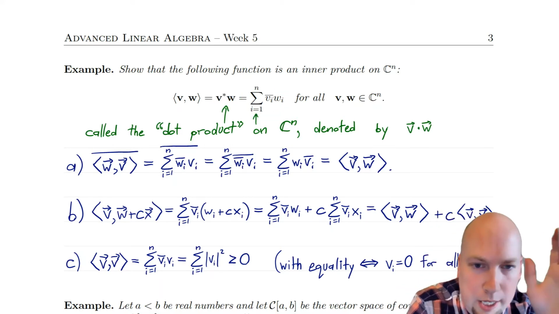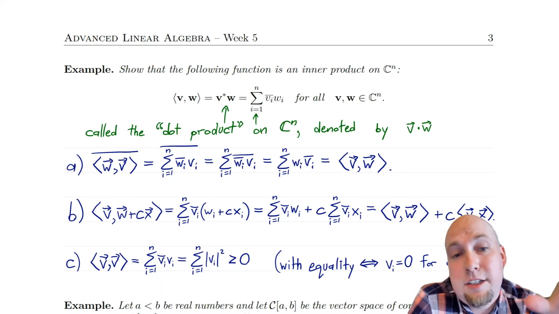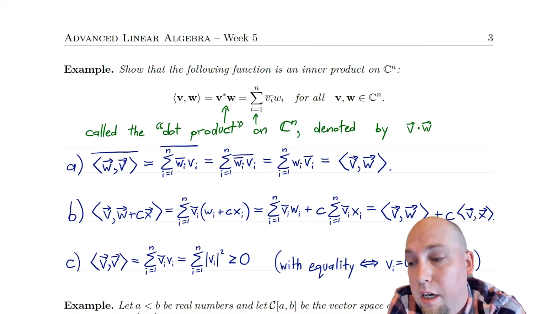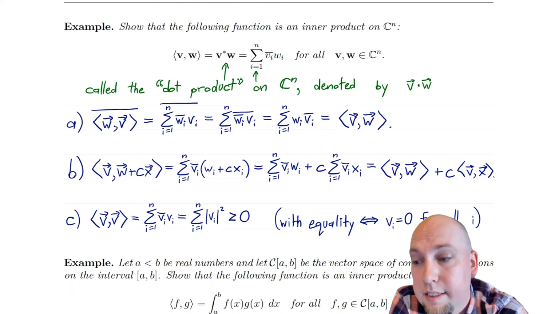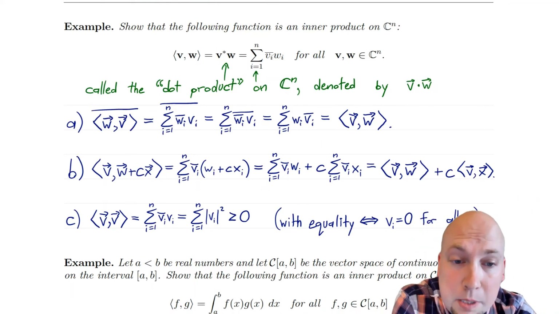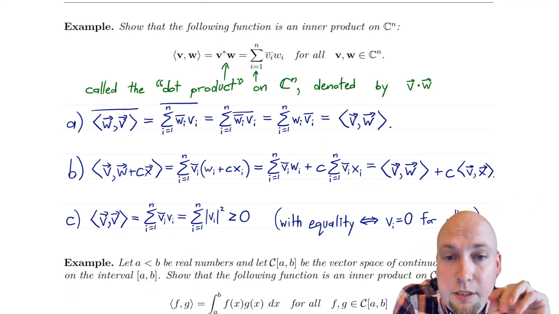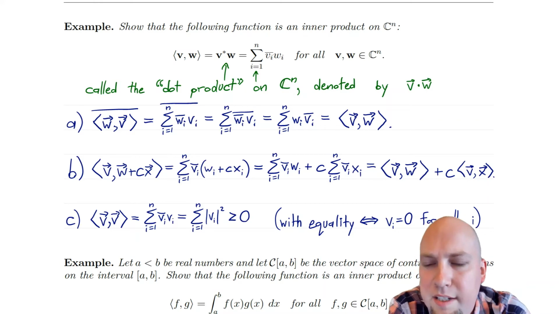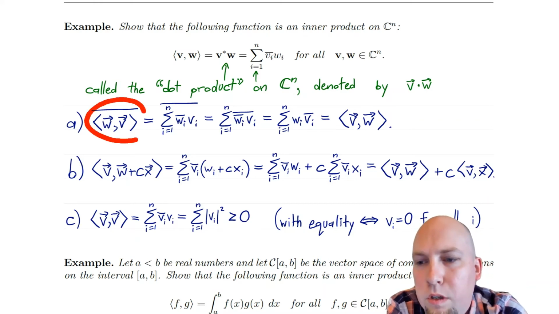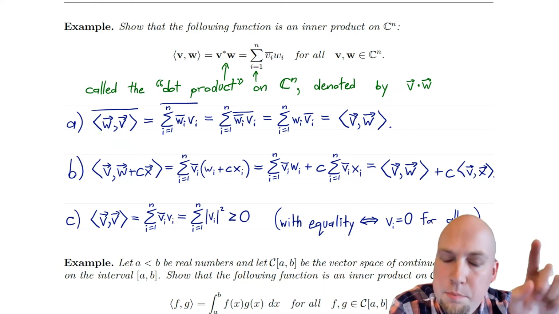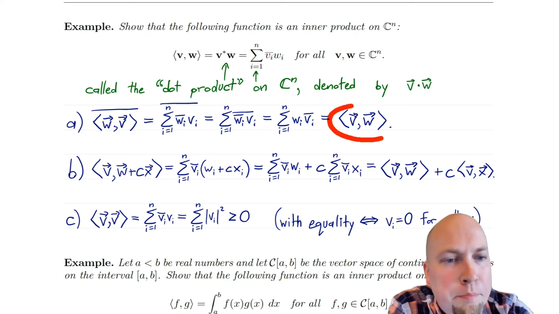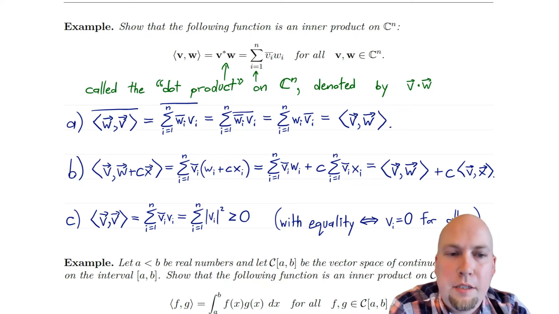Okay, so if you don't like that, just remember it's the same thing. So let's show that this complex dot product really is an inner product. And the way you do that is you check the three defining properties in the definition of an inner product. So the first property to check is that if you swap the order of the two vectors in an inner product and put a complex conjugate over top, then you'd better get the same thing as just the original inner product itself.